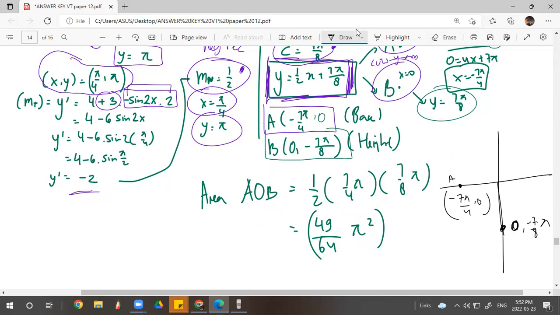So this will be the triangle that is formed. This is the base and the height, without looking at the negative, because base and height cannot be negative. So half times base times height, we get this as the area of AOB. Man, this is very hard. No need to use the sine rule, by the way.